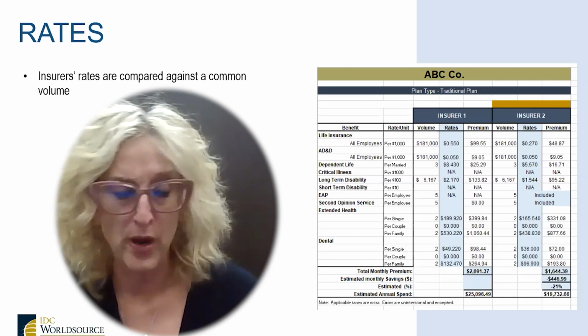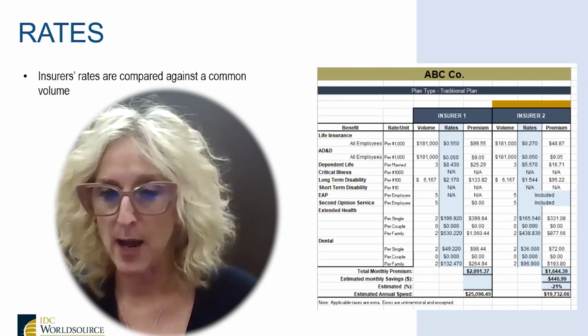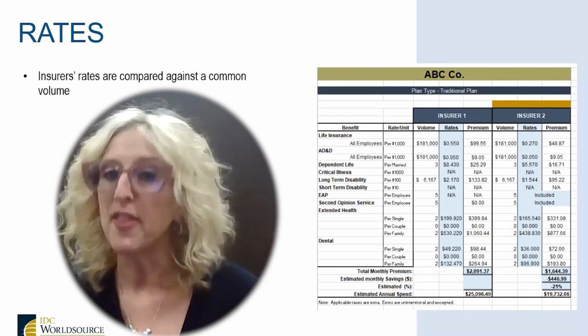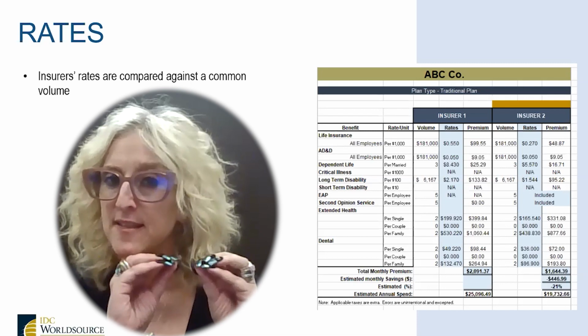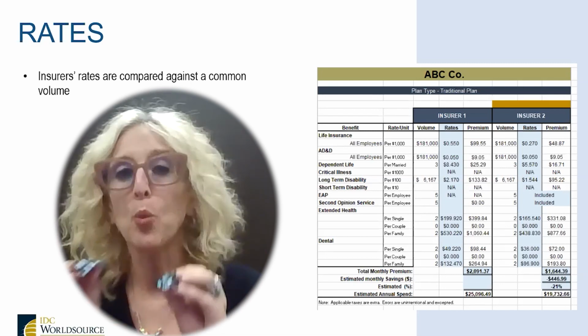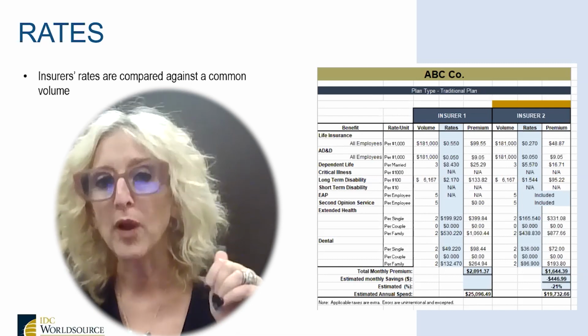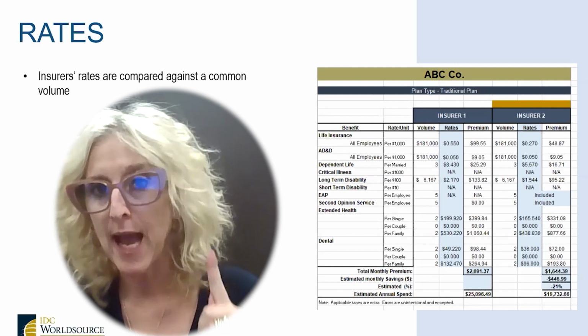Could be life of waiver premium. Could be, we need to know the estimated date if they're coming back to work. Things like that. Anything that's important to the implementation process of the group will be indicated in the notes field, including rate guarantees and rate caps.